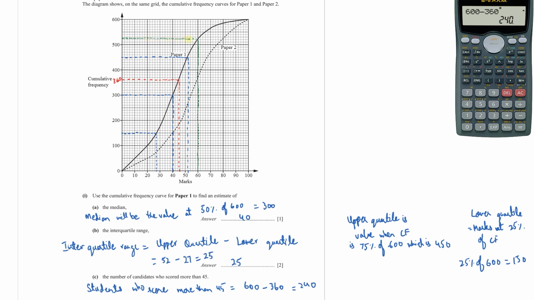And then you have to extend this line and see where it intersects the curve of paper 2, and then see what the marks are. So it intersects here in the middle. Let's see what the x value here is. So this line I think is 80 right here.